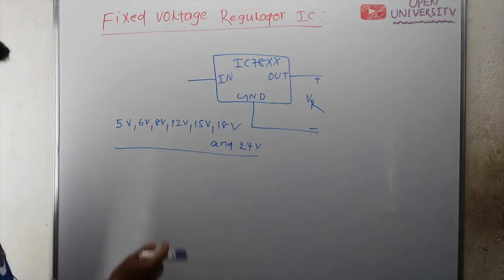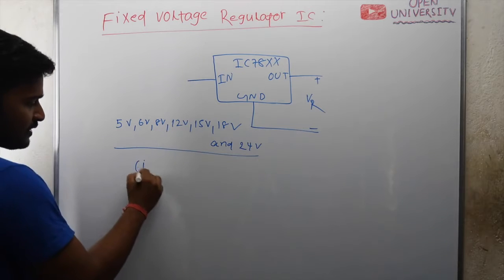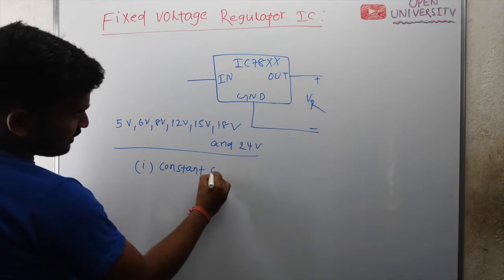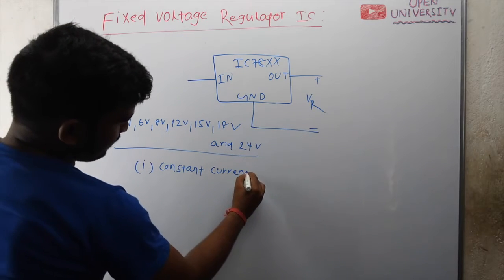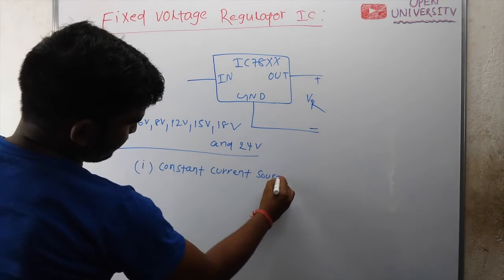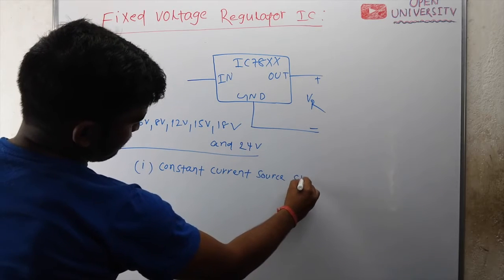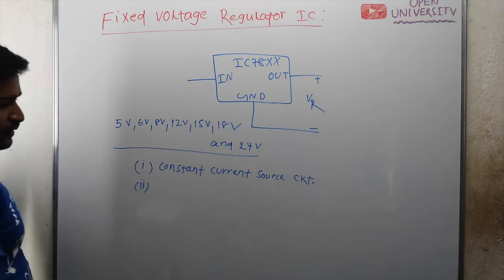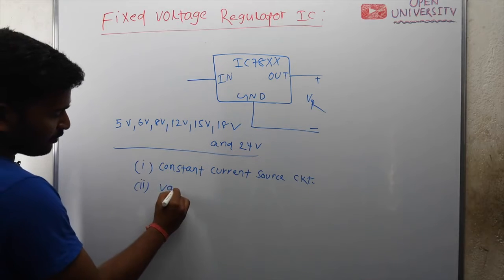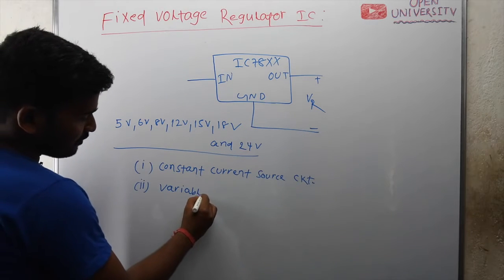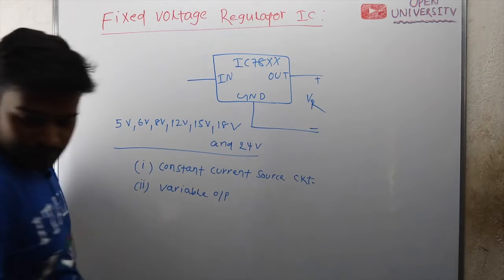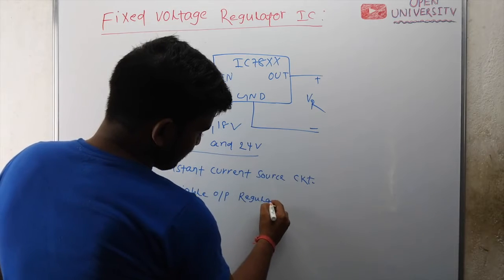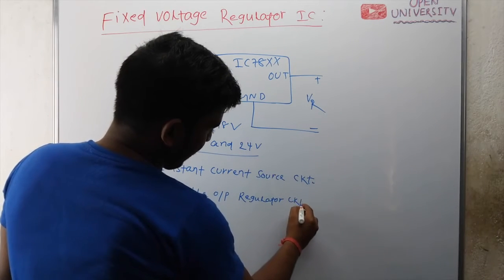One is it can be used as a constant current source circuit, or it can be used as a variable output regulator circuit.